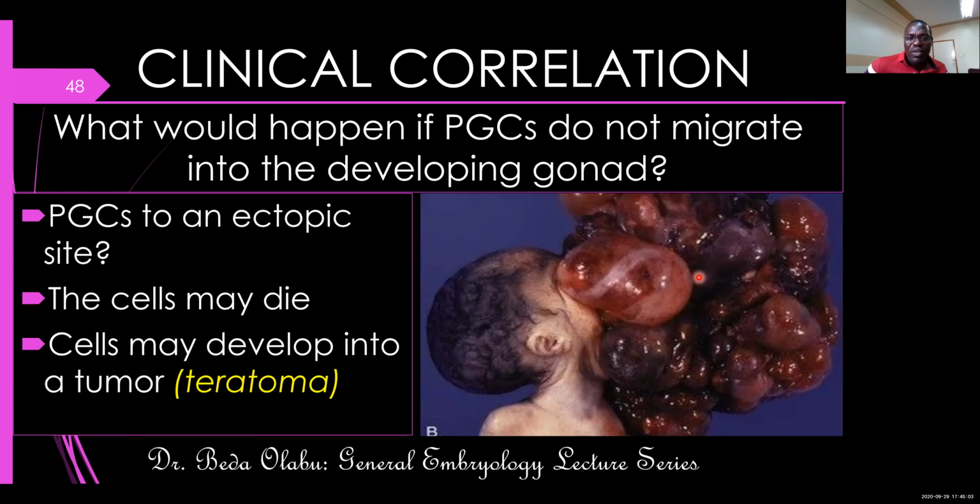It doesn't matter where the primordial germ cells go. They can even find themselves in the brain, I'm telling you. They can find themselves in the mouth, like this one. They can find themselves in the thorax. Wherever the primordial germ cells find themselves, they can become a tumor. We call those tumors teratomas.